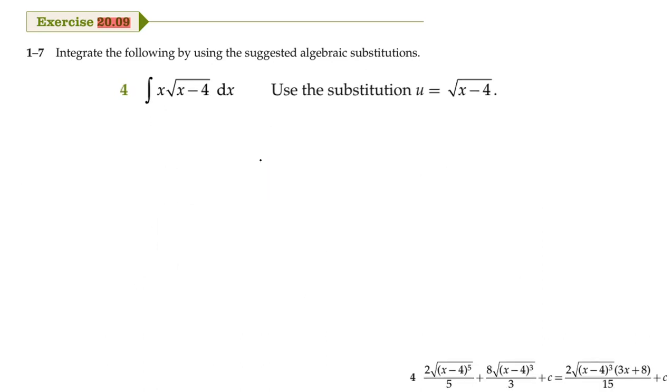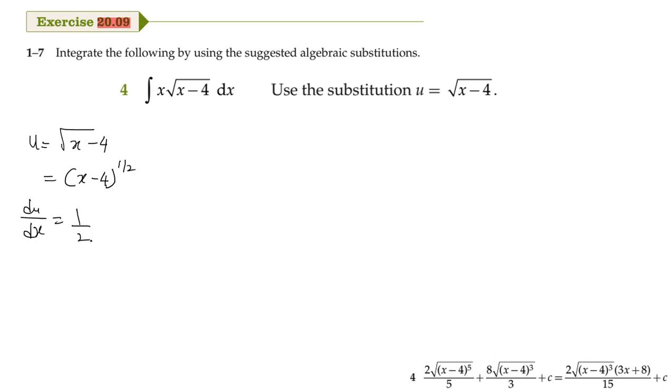Okay, let's try another one. Now they already suggest to us u equals the square root of x minus 4. Since they already suggest it, we have to use what is given, which is x minus 4. Remember, you have to rewrite this in order to differentiate. Then we can do du over dx.